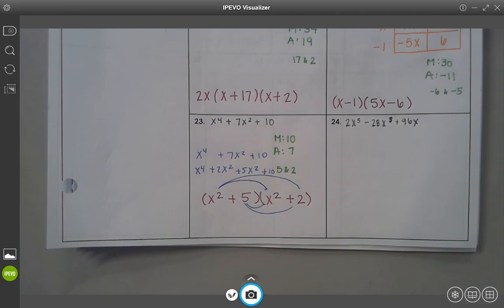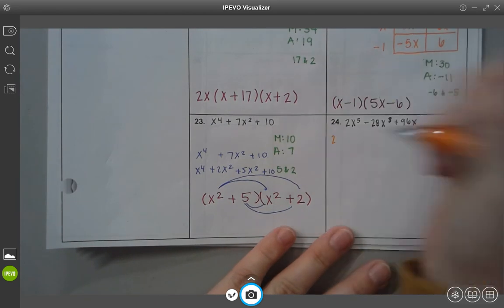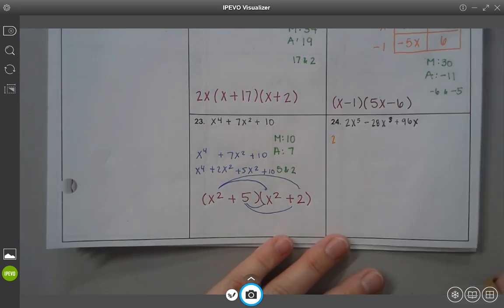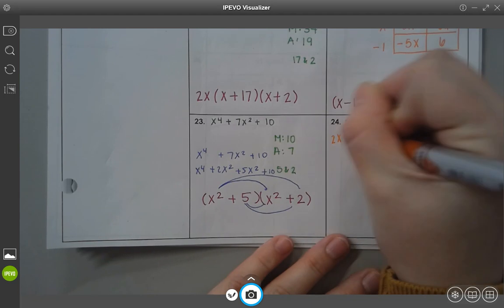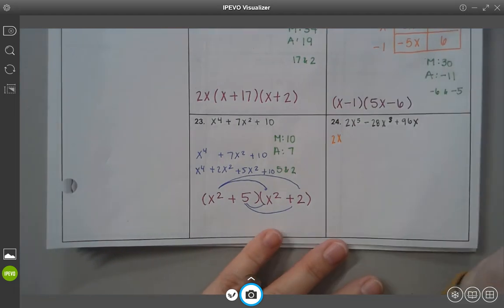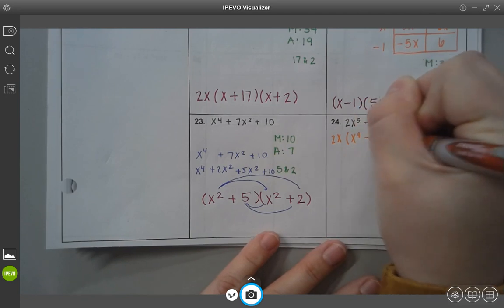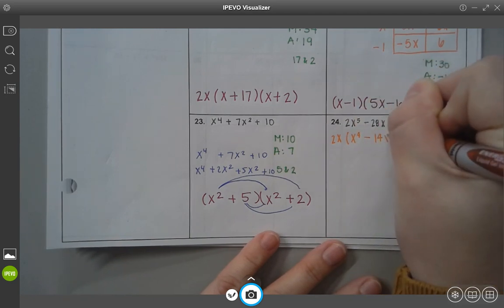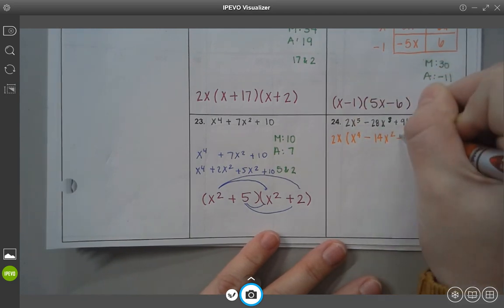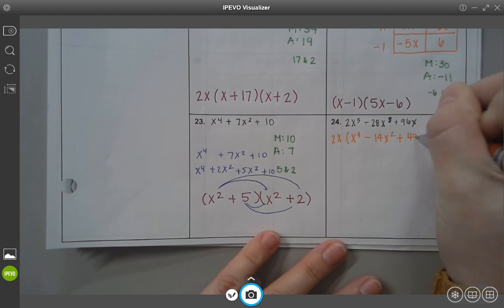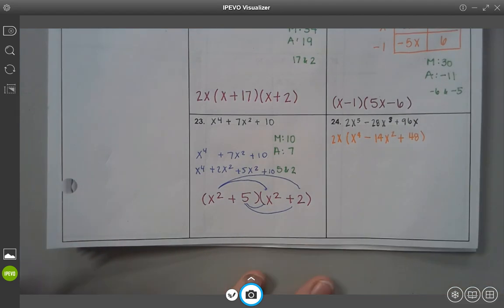Number 24, is there a GCF? Is that all? 2x. 2x is the whole GCF. That leaves me with x to the 4th minus 14x squared plus 48.